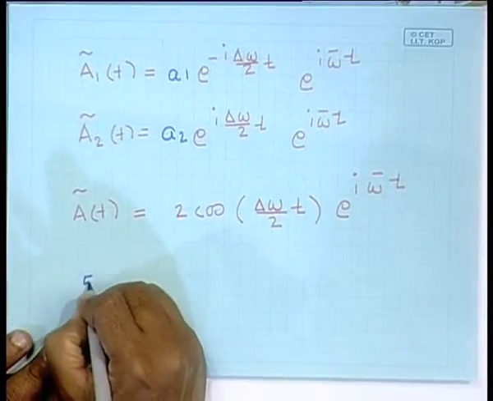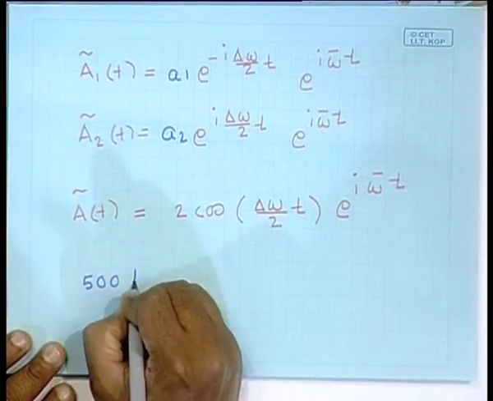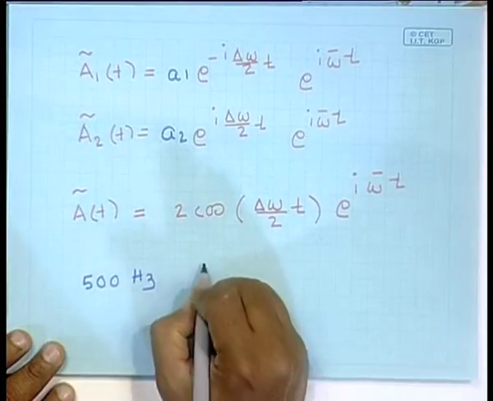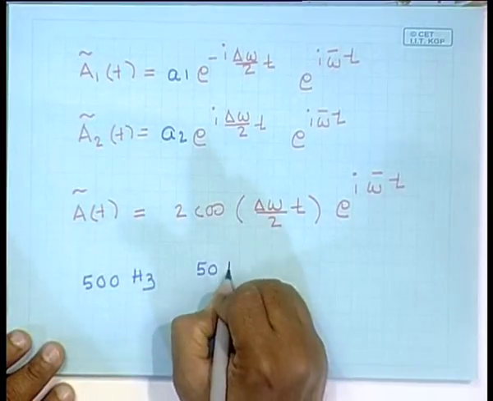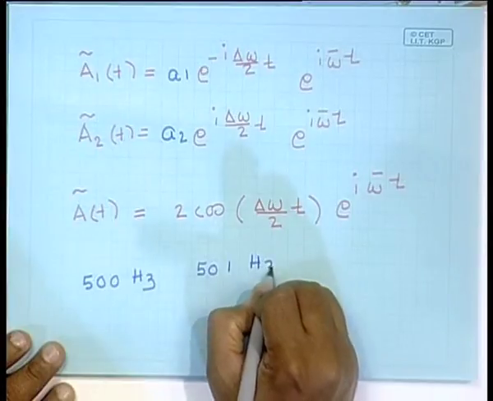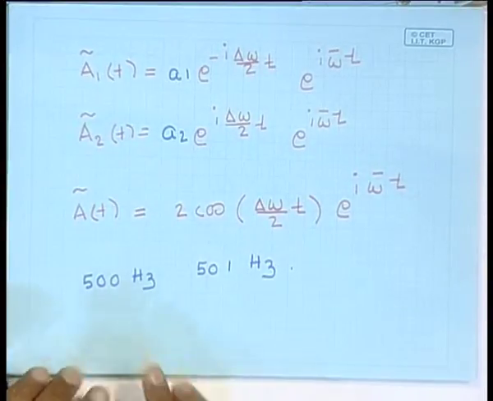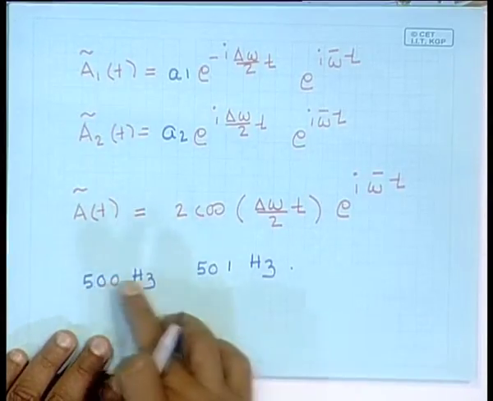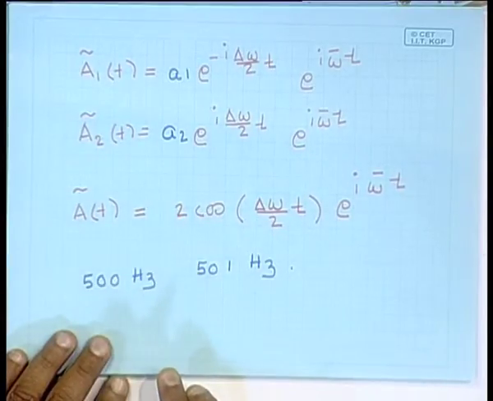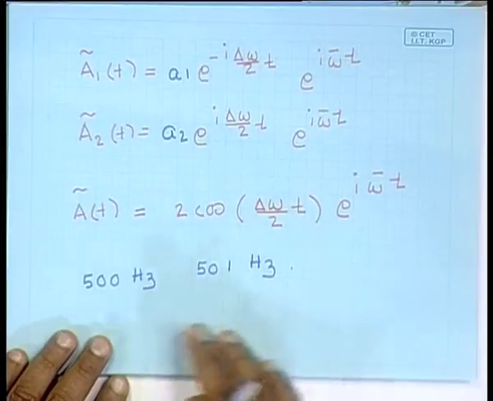Now, suppose I have a situation where I have one sound at 500 hertz and another sound at 501 hertz. We have the superposition of these two, which is a fast oscillation.